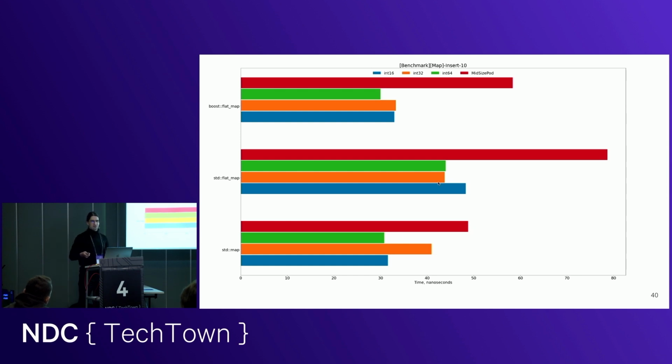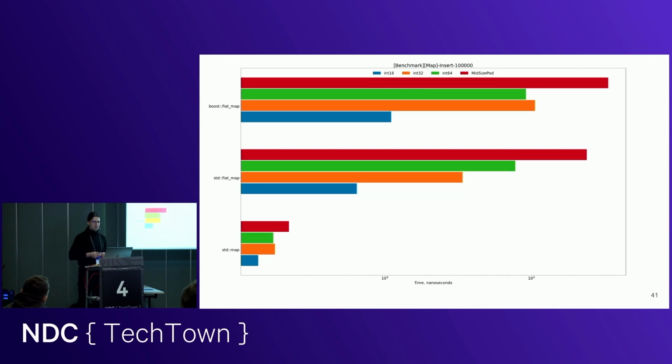But the situation is slightly different if we insert a large number of elements. And that's again scaled, the x-axis. If we insert a lot of elements into map, that works super fast.